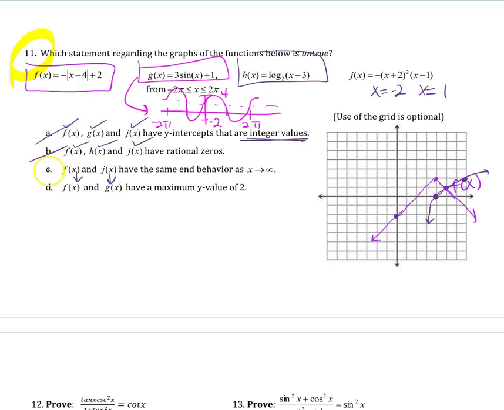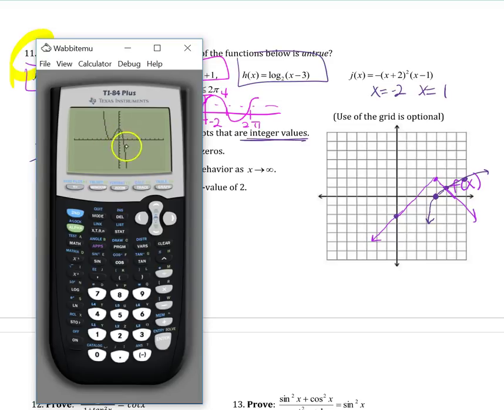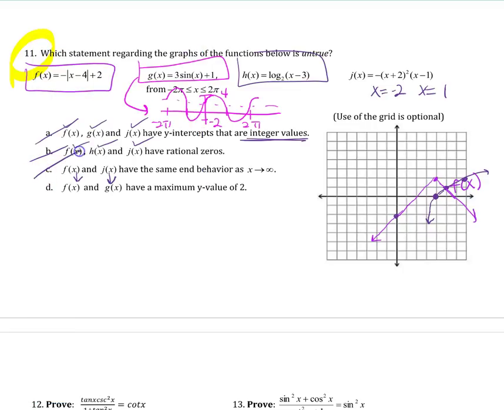So they do have the same behavior as I look to the right. So that's out. By process of elimination, option D is our correct answer. Now just to reiterate why, f of x, which is our absolute value function, has a maximum y value of 2. That is true. But the maximum value of g of x is actually 4.